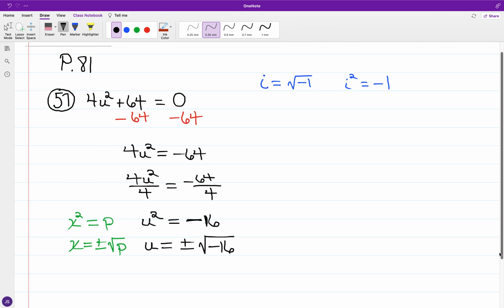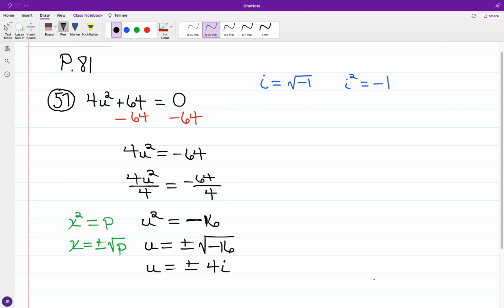Now, in terms of the values, in the real number system you're not going to have the square root of a negative, but you will in the complex numbers. The square root of 16 becomes 4, but in the case of the square root of -16, we're going to have complex roots. And so for plus or minus the square root of -16, we are going to have plus or minus 4i.